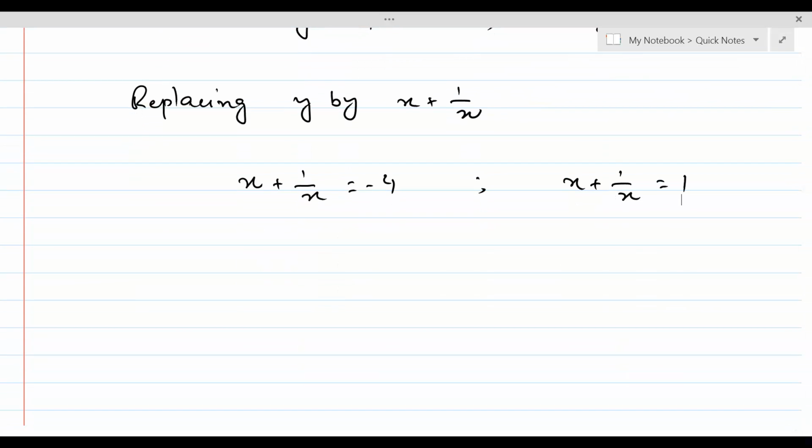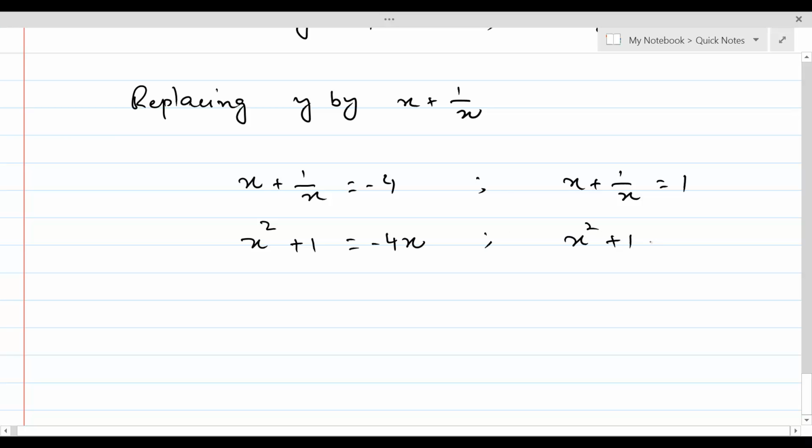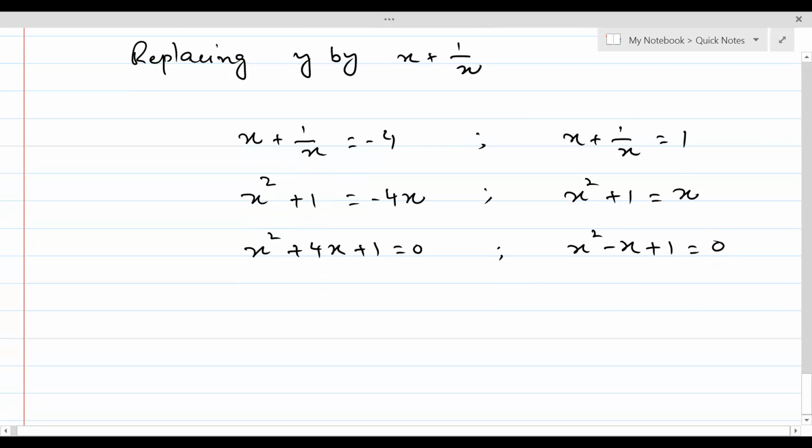And now we have two quadratic equations. We can standardize them by multiplying x on both sides. X squared plus 1 equal to minus 4x, and this will be x squared plus 1 equal to x. X squared plus 4x plus 1 equal to 0, and this becomes x squared minus x plus 1 equal to 0.